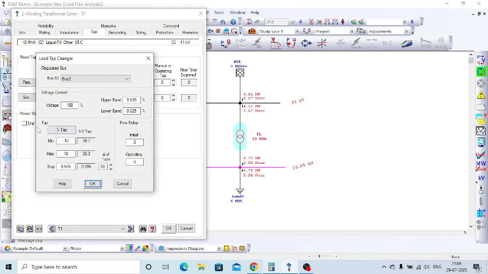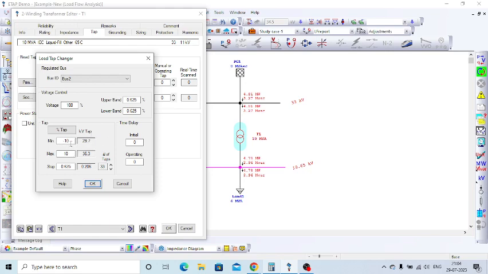Then the number of taps: here the minimum number of taps is 10 and the maximum number of taps is 10, so totally 21 taps will be there. In the minimum side we have 10 taps, in the maximum side we have 10 taps, and we also have one more tap, the nominal tap. So by considering the nominal tap, we have 21 taps in the transformer.